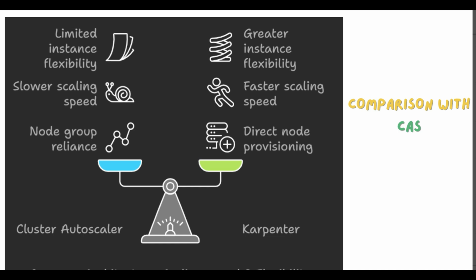It observes unscheduled pods and rapidly launches right-sized compute resources tailored to specific workload requirements. So basically, it's going to look at your workload, understand what the requirement is, and dynamically create the right instance at the right time, as the Karpenter website says.